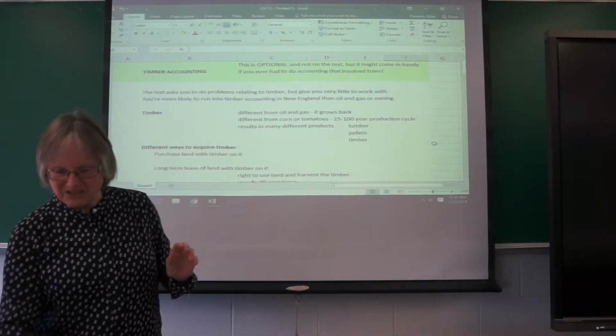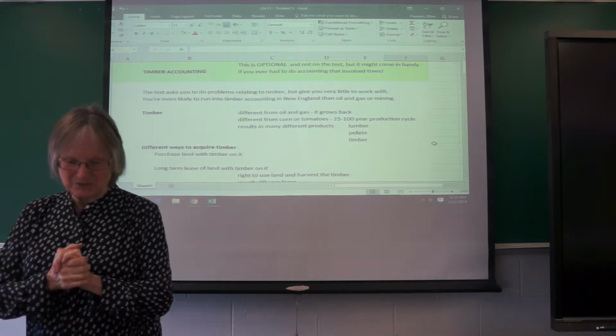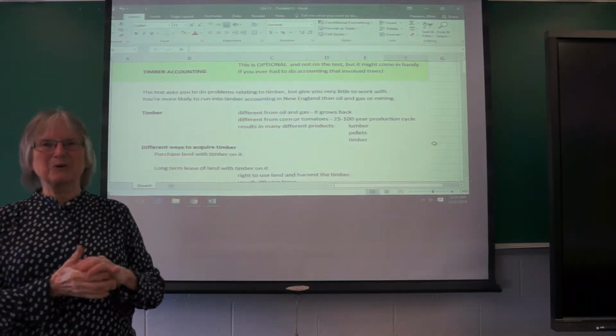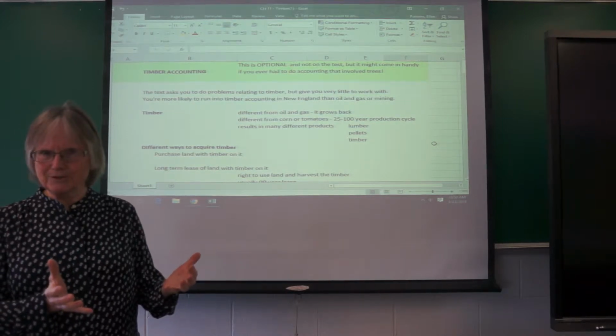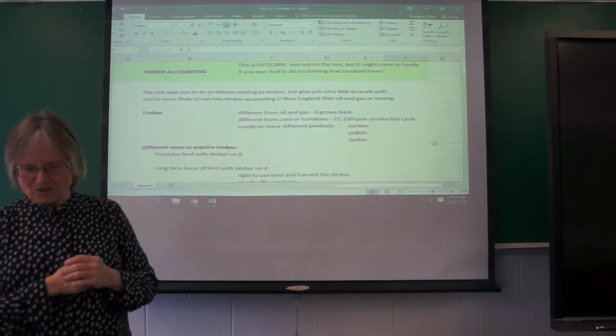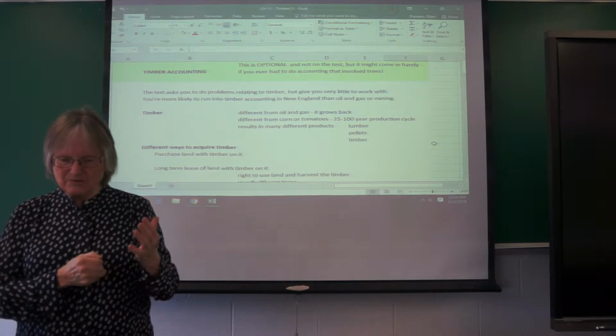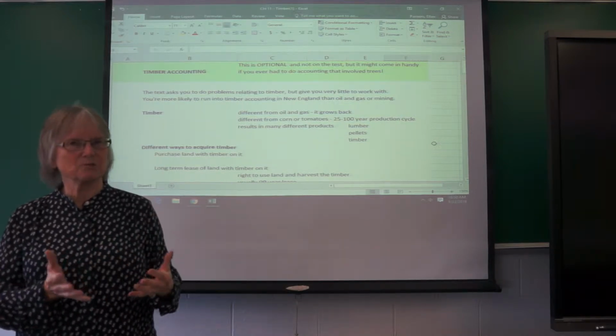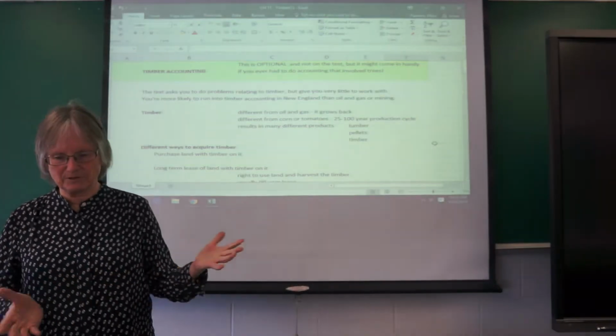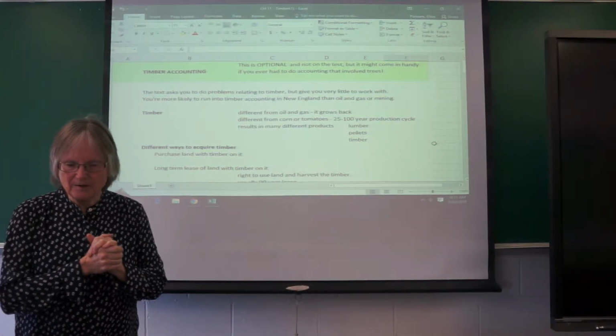Okay, so the complications there: you purchase the land with the timber on it, you have to figure out, well, what's the value of this timber? So are you going to go out and measure every tree? What are you going to do? What you do is you have someone come out and do what's called a site index. I don't know if they use that term in the homework or not, but that's what they call it.